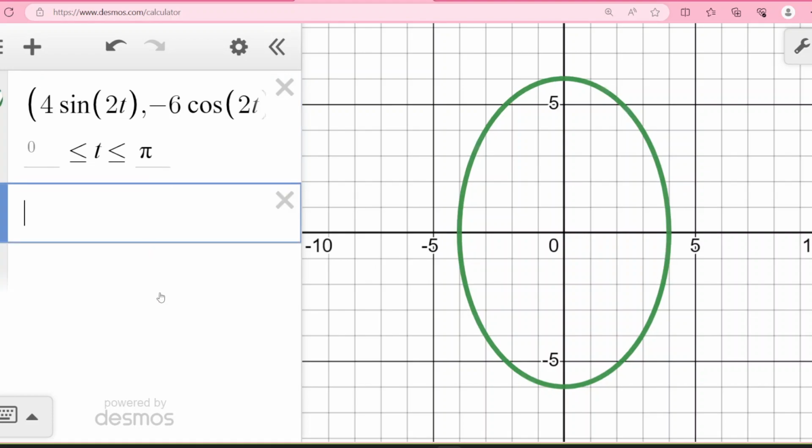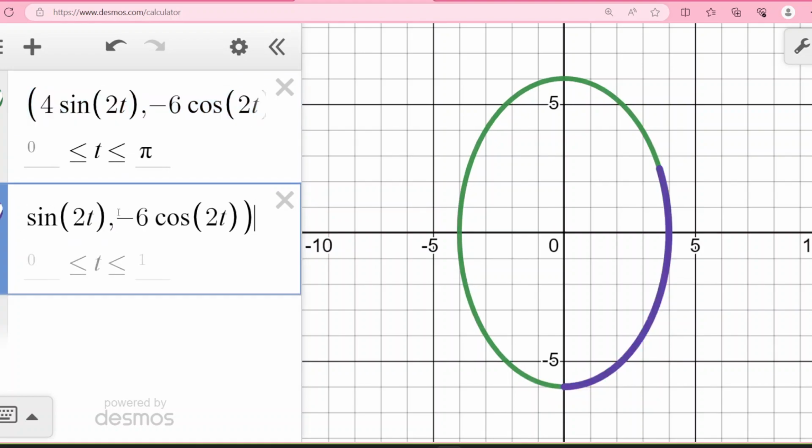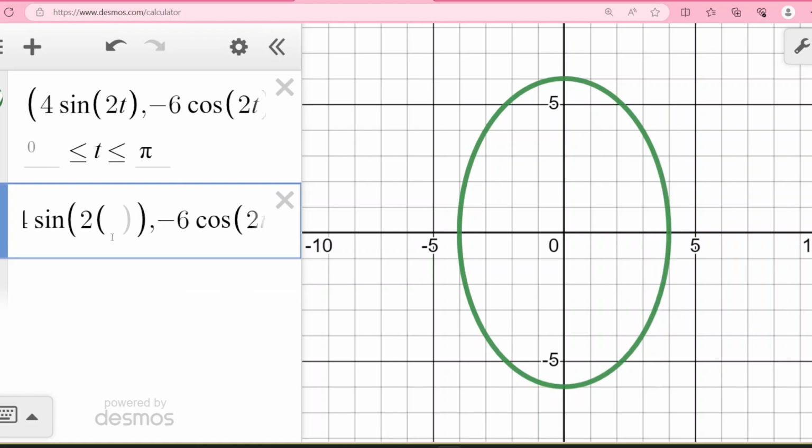And let's go to a particular point. So I'm just going to copy and paste this here, and then put in a value of t. Let's just go to a particular point. How about when t, I'll just replace t with, I don't know, pi over 6.